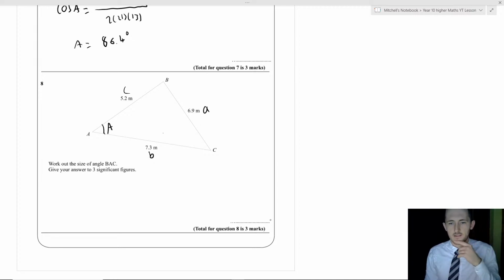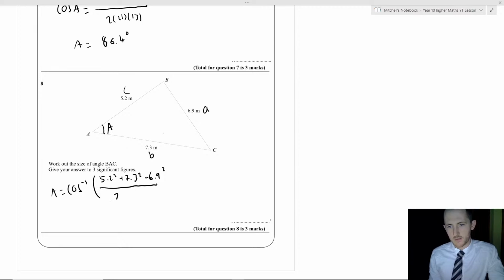And again, work out the size of the angle. So A is equal to, again, I'm going to write it as the inverse cos way, just for the people that are doing it that way. The 2 sides that are adjacent to it, so 5.2 squared plus 7.3 squared minus 6.9 squared, all over 2, and then again times the adjacent sides, 7.3.